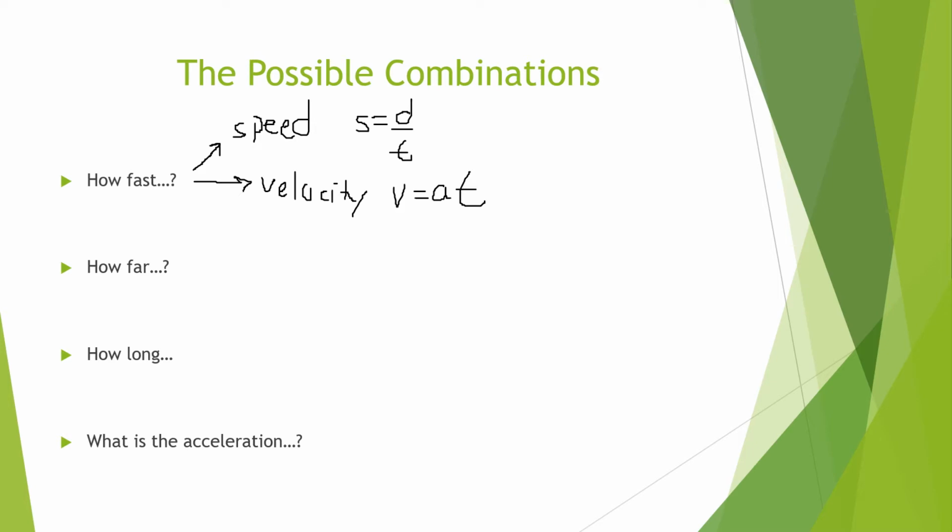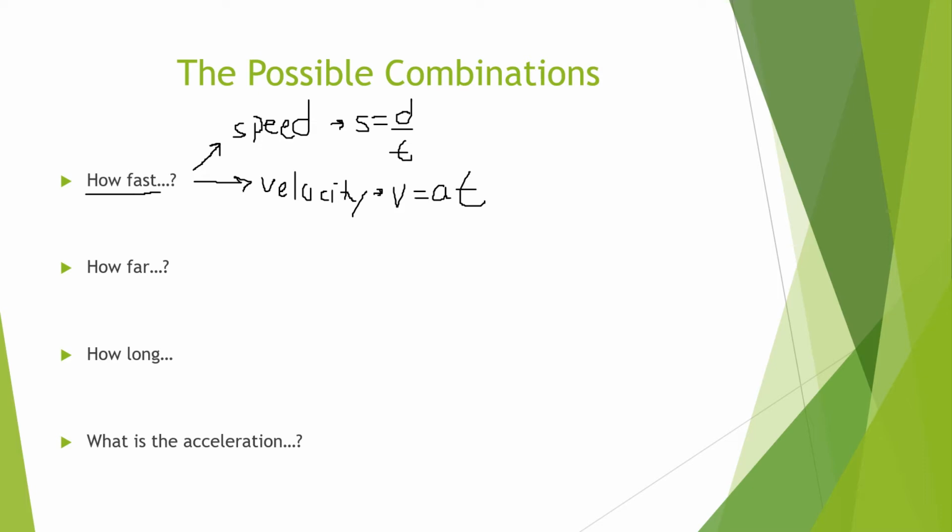Simple. So, okay, if it says how fast, I'm going to use either this equation or this equation. That's right. Well, how am I supposed to know which one to use? One has an acceleration, one does not have an acceleration. So that's how you further differentiate it.